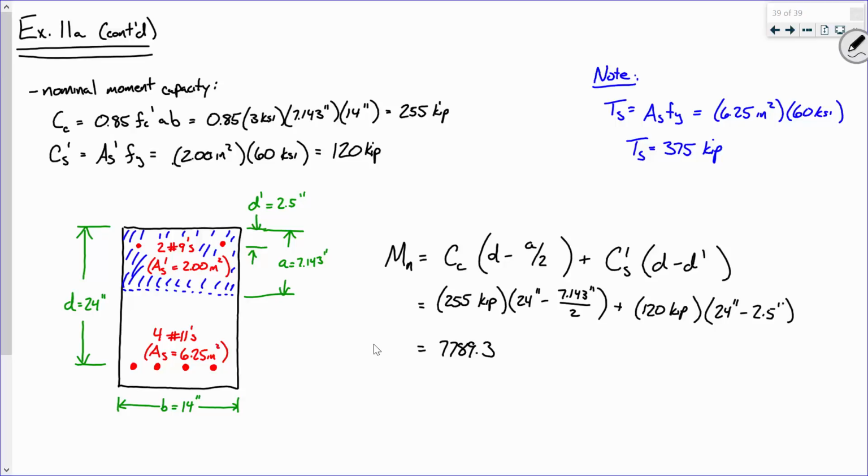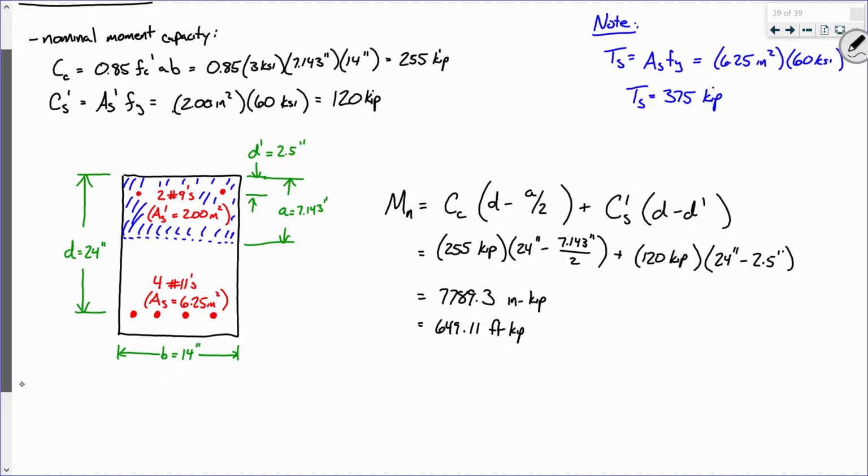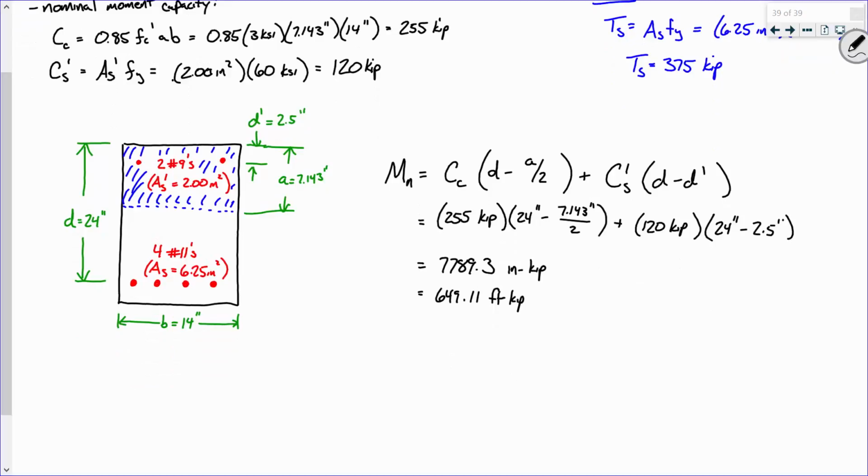If I wanted that in foot-kips, divide by 12, and what do we get? All right, so that's Mn. Phi Mn, phi is 0.9.